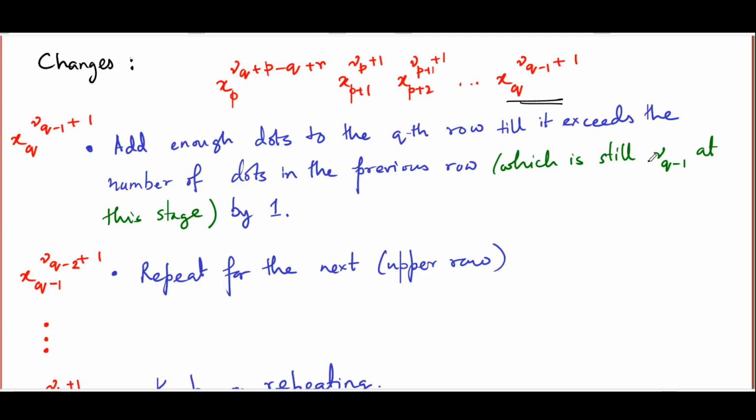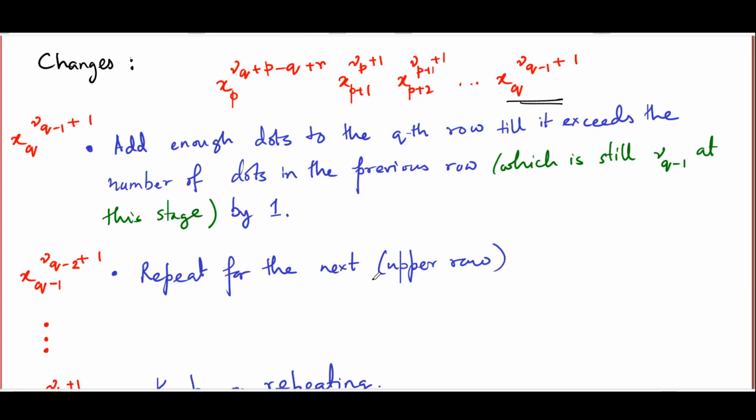Remember, we are adding the dots starting from the qth row. We have not added any to the previous row yet. The term before this would have been xq minus 1 raised to the power nu q minus 2 plus 1. So you have to again repeat the same for that row. That is, keep on adding as many dots until it exceeds by 1 the number of dots in the previous row, which, remember, is still nu q minus 2.